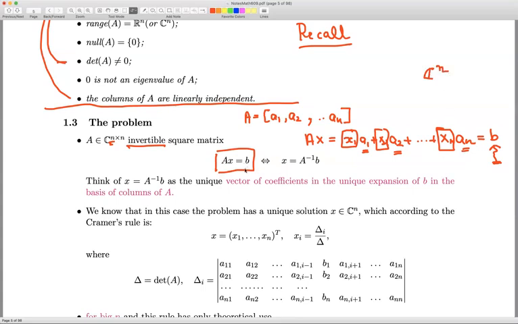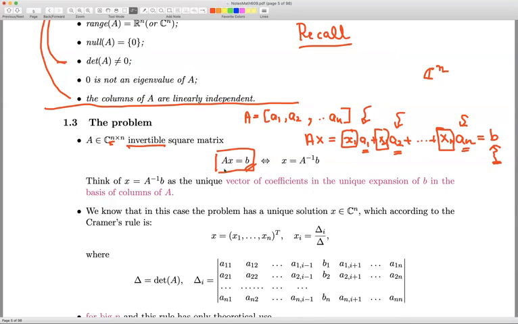So given a vector b and the matrix A, we know the columns a1, a2, ..., an, and we are interested in finding the representation of b with respect to this basis. x is nothing but the numbers that are the coefficients of this representation.